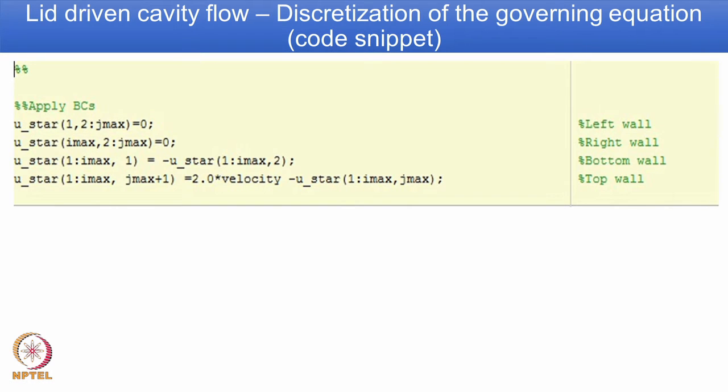So, u star 1 comma 2 to j max in the j direction equal to 0. This is for enforcing the boundary condition on the left wall. Similarly, the next line, u star i max comma 2 to j max in the j direction equal to 0, is to impose the boundary condition on the right wall, and similarly for the bottom wall as well as the top wall.